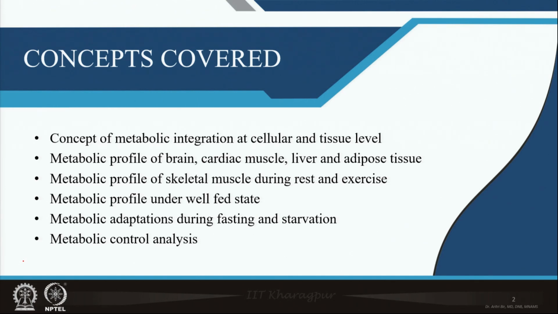Next we will proceed to the different metabolic status in our body, how the metabolism occurs in well fed state as well as how it is adapting during fasting as well as starvation. Then we will discuss metabolic control analysis. So let us start.